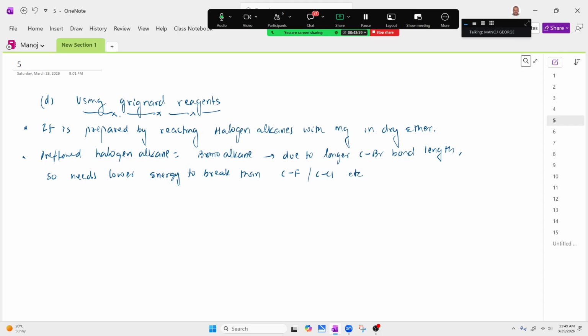Of course, the iodo one can also do the job because the CI bond is even longer. So the bromo one is always the most preferred one to make a Grignard reagent in a normal situation. It's much easier to work with the CBr bond, which is longer. Easy to remember: longer the bond, lower the activation energy required.